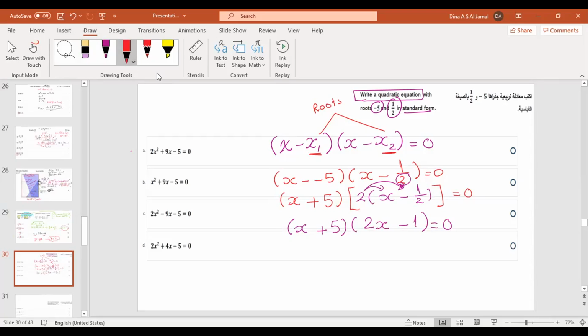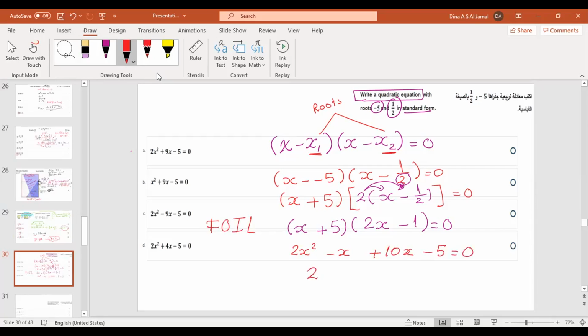Equal to 0. Then what you can use, binomials multiplied by each other, the FOIL method. After using the FOIL method, you will be having 2x squared minus x plus 10x minus 5 is equal to 0.